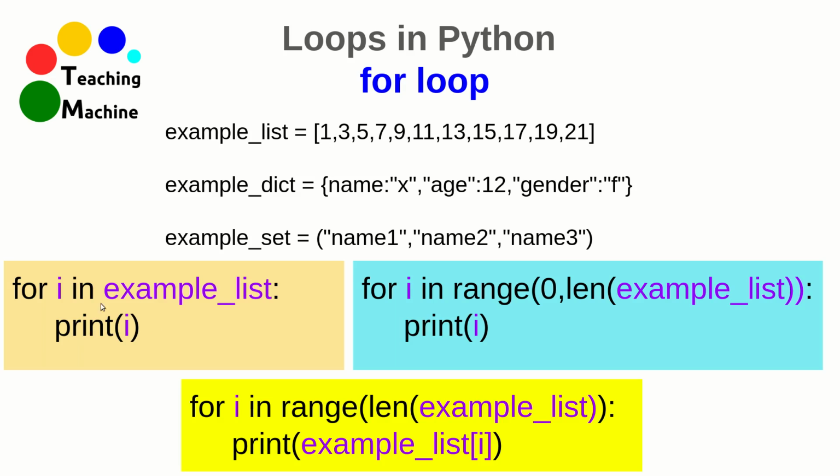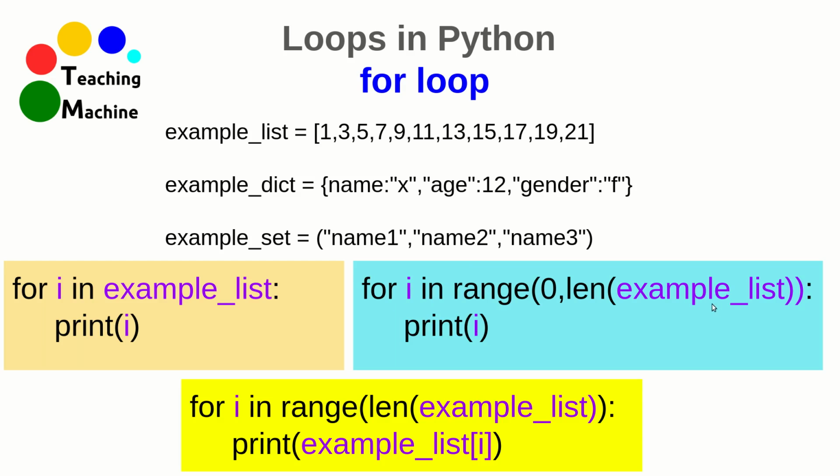In this block of code, we give 0 and the length of the list. Here we give the starting index as 0 and the complete length of this example list. So it will start from the first item, keep incrementing, and print i here.